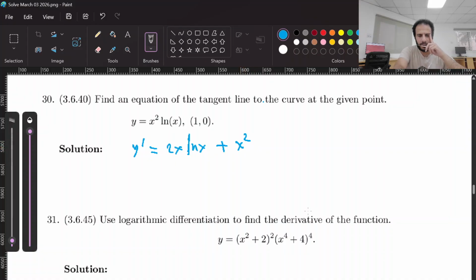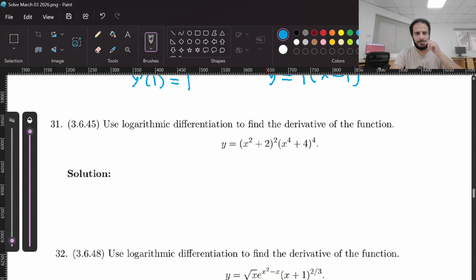Yeah, it will be just x. Now we want this at 1, right? Yes. So substitute 1. ln 1 is 0, so it's just 1. What's the equation? It will be y minus 0 equals 1 times x minus 1, so it's just y equals x. Yes. Thank you.